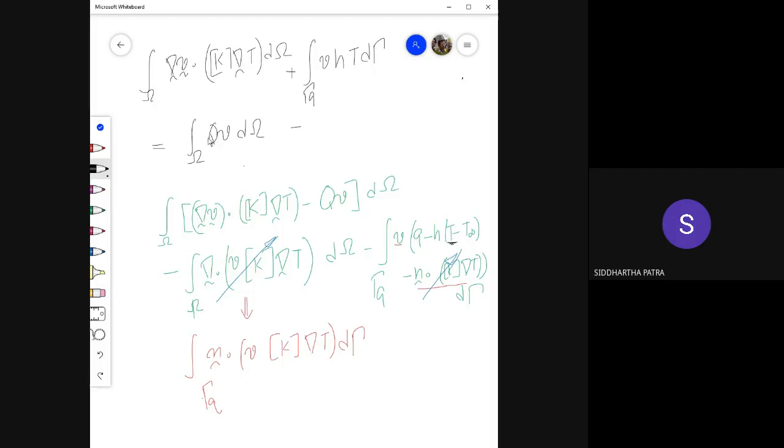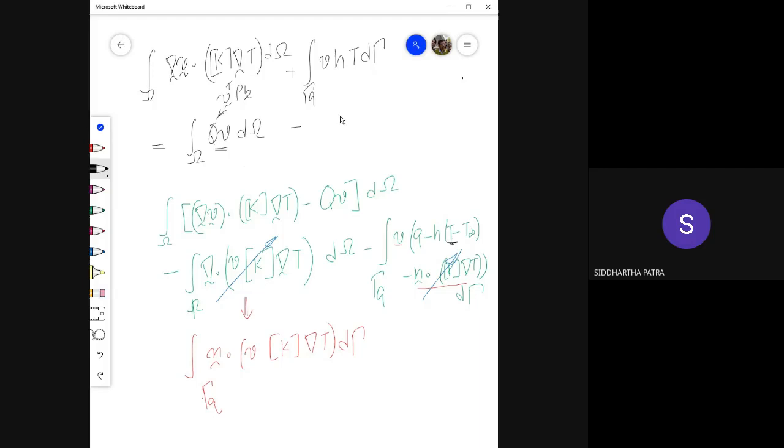And the body force part. That is equivalent to the body force. The heat generation over here is equivalent to body force, like having rho b. v transpose rho b is what you are seeing here, and eventually, is it going to be a minus when it goes to the other side?